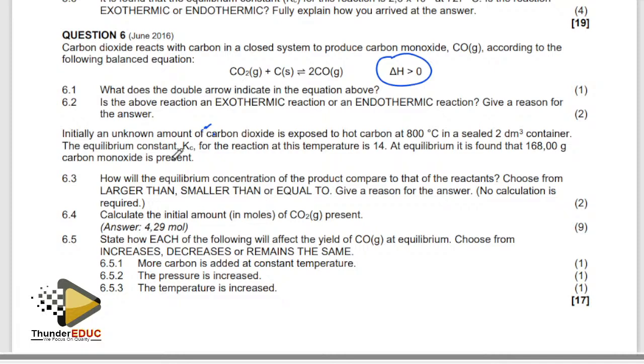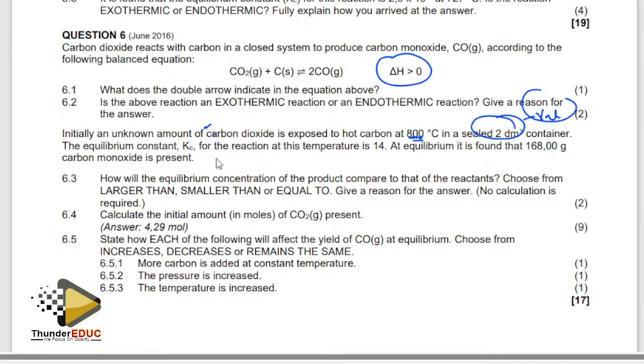They're saying initially an unknown amount of carbon dioxide is exposed to hot carbon. At this temperature, that's not a big deal. This is a very important thing: the volume. You need to know this volume. If it is not in decimeter cubed, you have to put it in decimeter cubed.